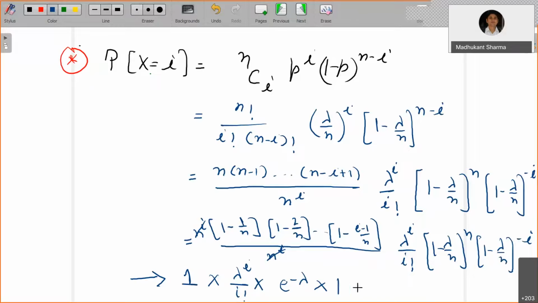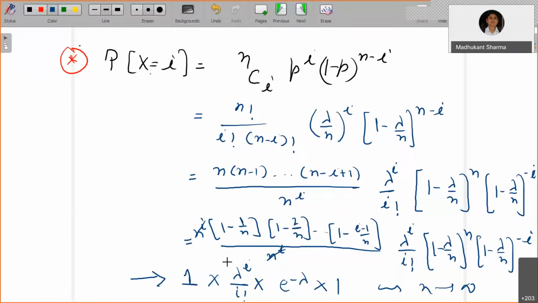So the Poisson distribution as n tends to infinity is e power minus lambda times lambda power I by I factorial. This gives you the acceptance that the Poisson distribution is an approximation of the binomial distribution in the long run, as n tends to infinity.